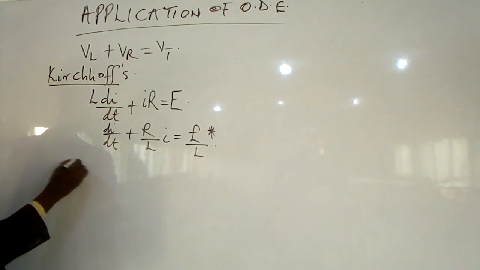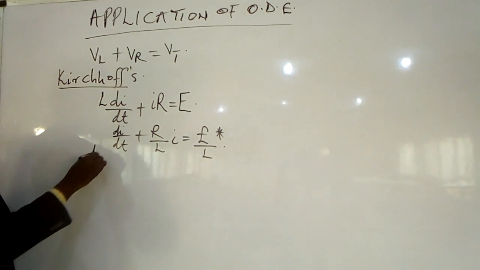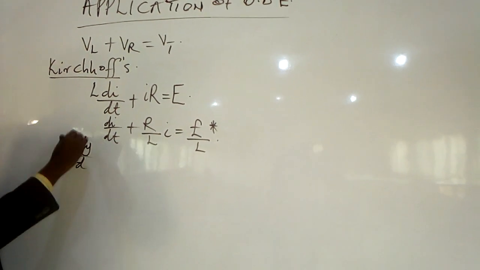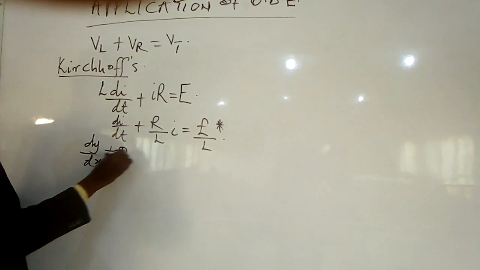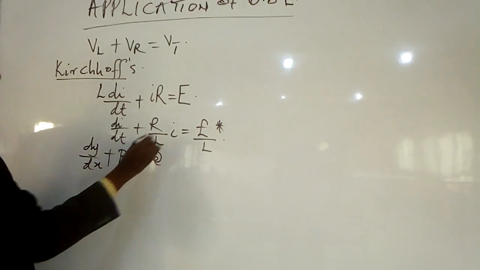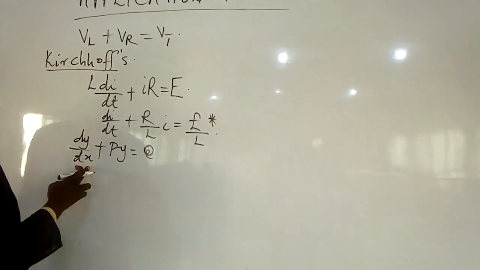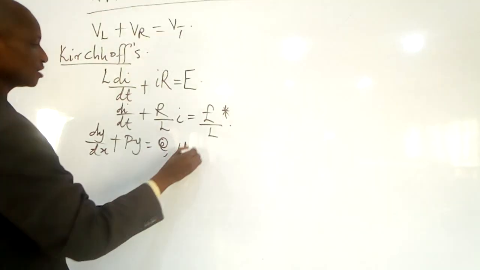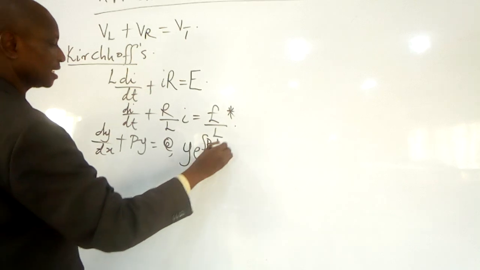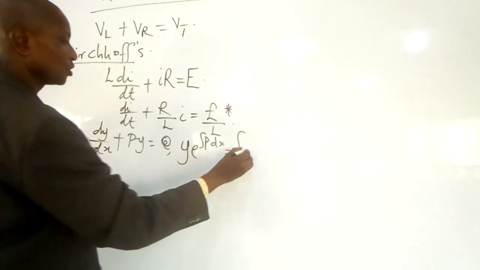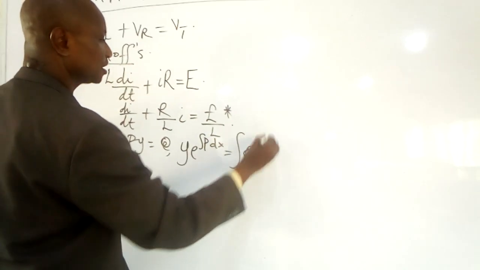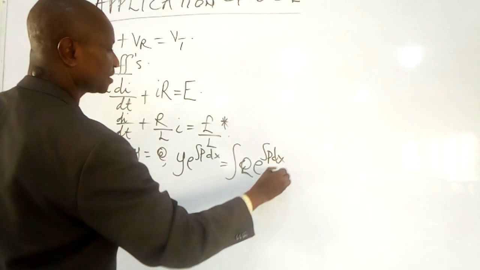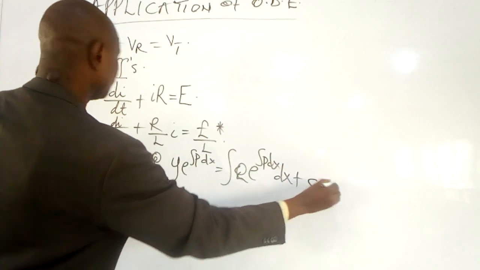Take note that a linear first order differential equation is characterized by dy/dt or dy/dx plus py equal to q if we are using x function. The solution to this expression is y exponential integral p dx equal to integral q exponential integral p dx differential x plus arbitrary c.